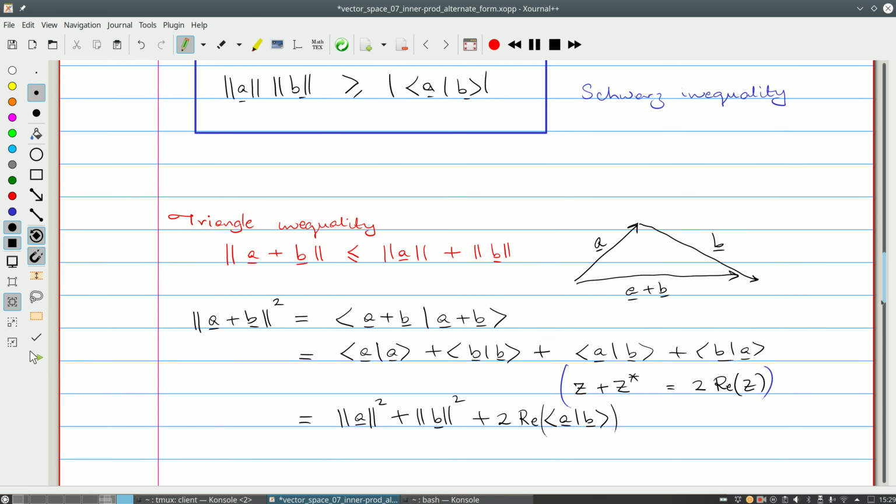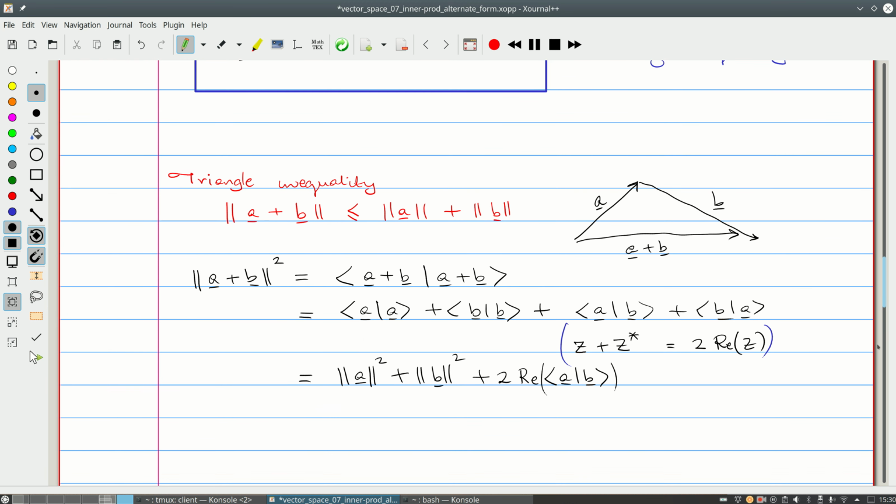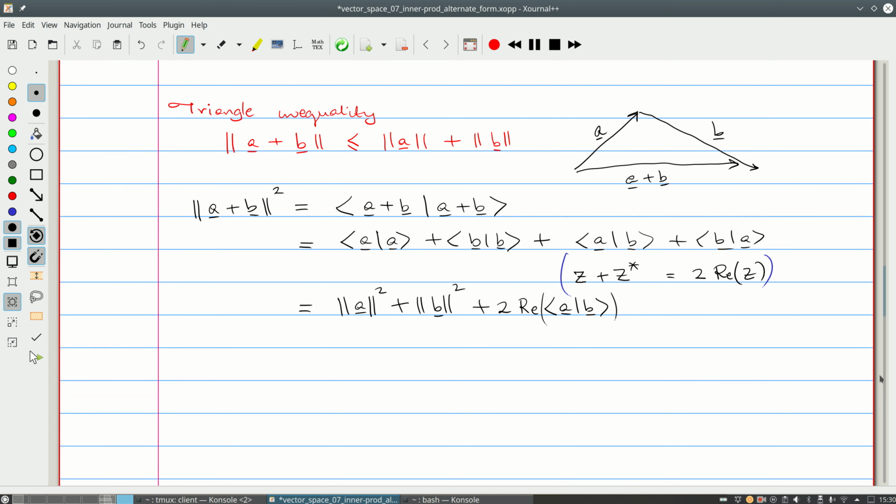Okay, and now we need one more relation and then we are kind of done. In fact, I seem to be giving you the whole proof over here. The real part of a complex number Z is always less than or equal to the length of that complex number.